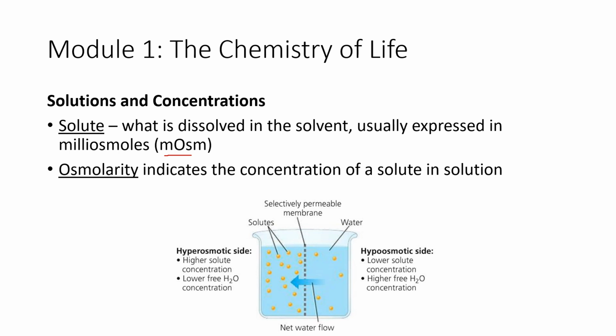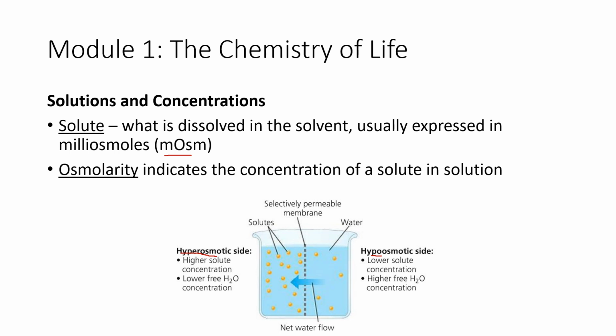For instance, when I talk about sodium chloride, putting it in water, sodium chloride is the solute, water would be the solvent. Oftentimes we also use the prefixes hyper or hypo. So hyperosmotic means a high solute concentration compared to something else. Hypo means a lower solute concentration.